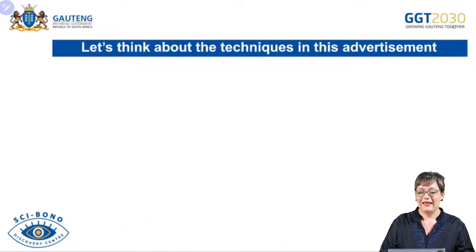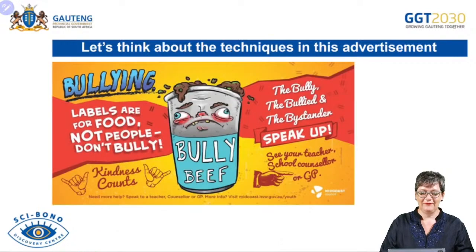Let's think about techniques in the following advertisements. Now, if you look at this one, this is an advertisement for bully beef, but it's not actually for the food itself. It's all about bullying. And how clever, on the left-hand side it says labels are for food, not people. Don't bully.